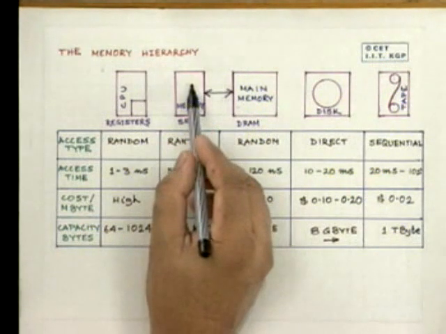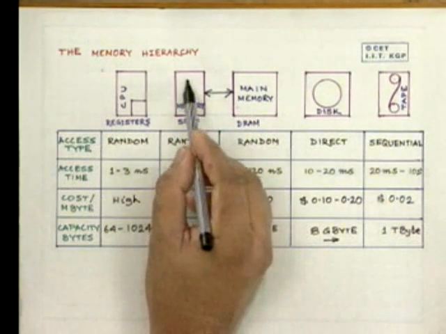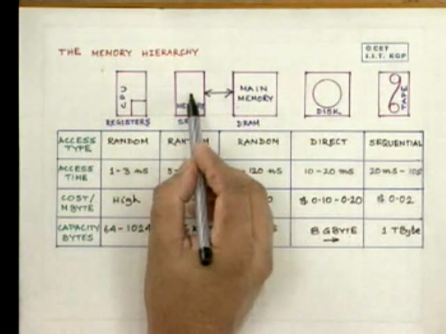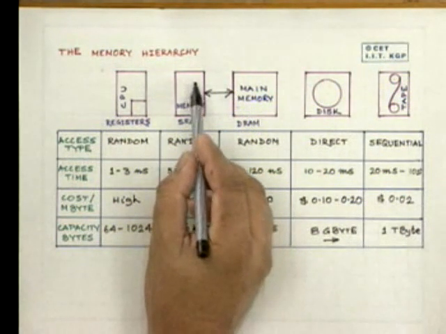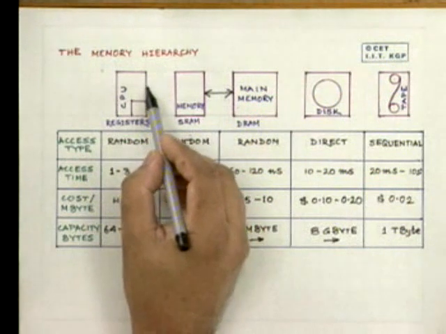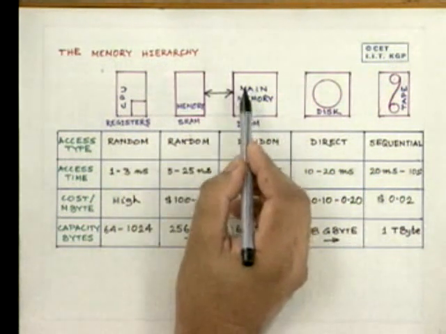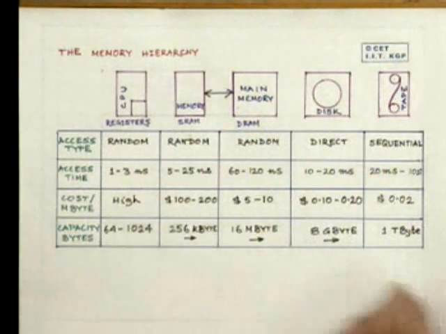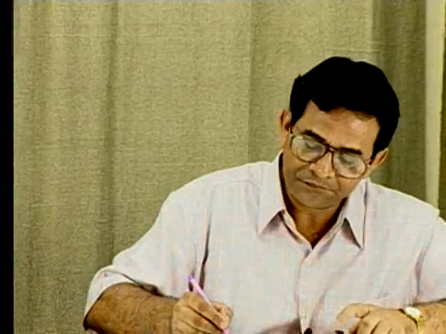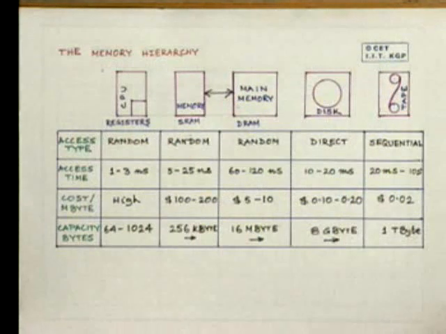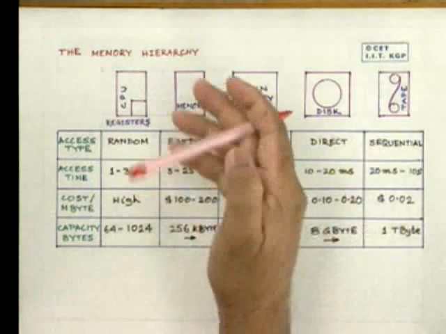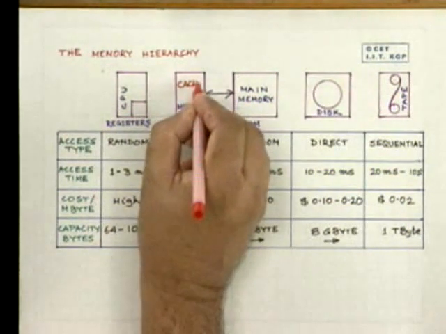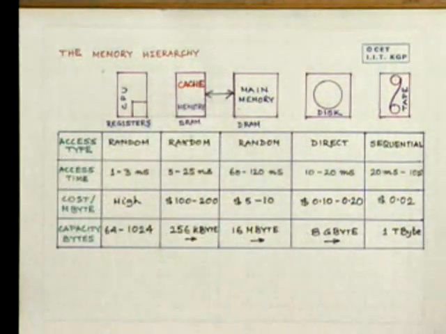Only when the program or the data that has been transferred from the main memory into this memory is not there does the CPU go to the main memory and fetch the instruction or the data. In such a situation, we call this memory cache memory.